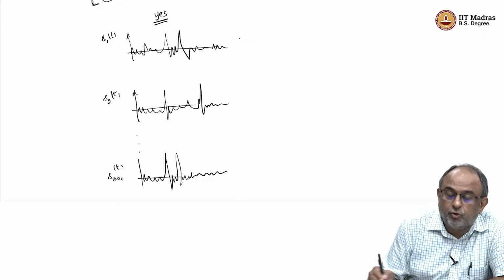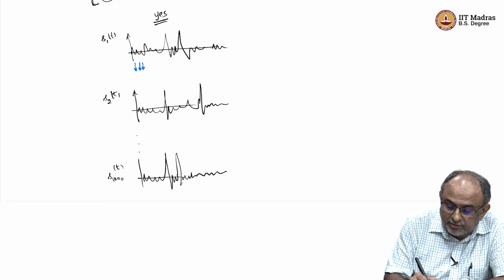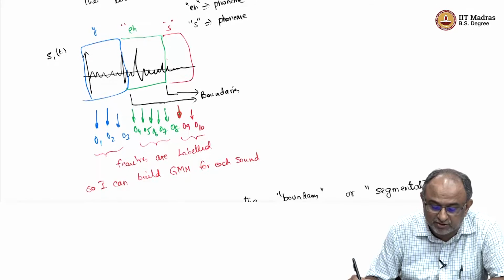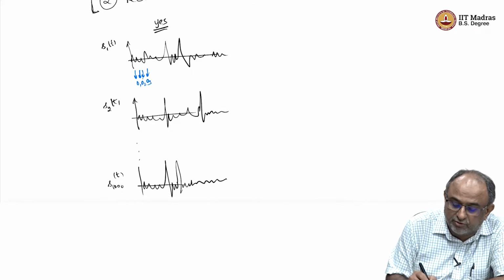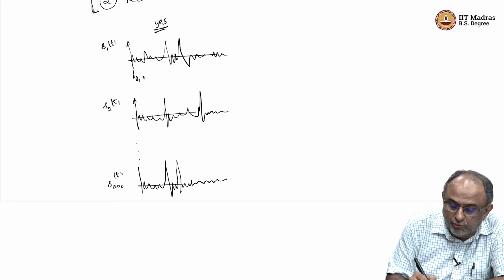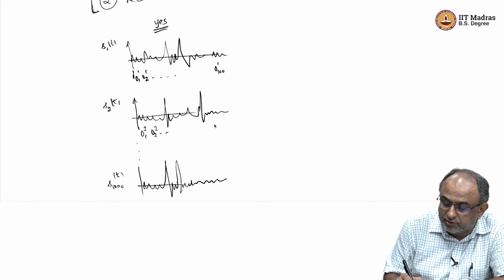Now, each one of them will give rise to a set of vectors, right. So, we do not know which one is O1, O2, O3. I should not use any of these colors because we do not know which is A and which is S. So, I will continue to use black to say that we do not know the label still, right. We do not know where it is ending. So, this one will give me O1 for the first utterance, O2 for the first utterance, up to O100 for the first utterance; O1 for the second utterance, O2 for the second utterance, up to O94 for the second utterance.